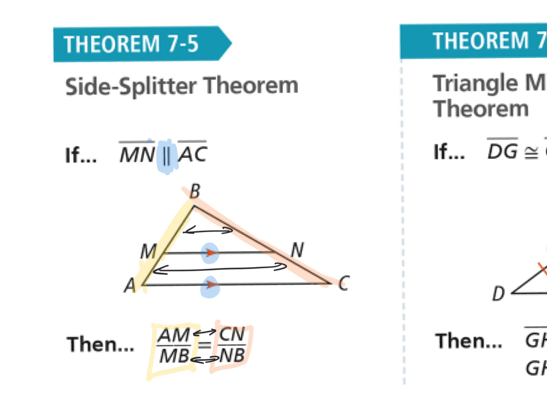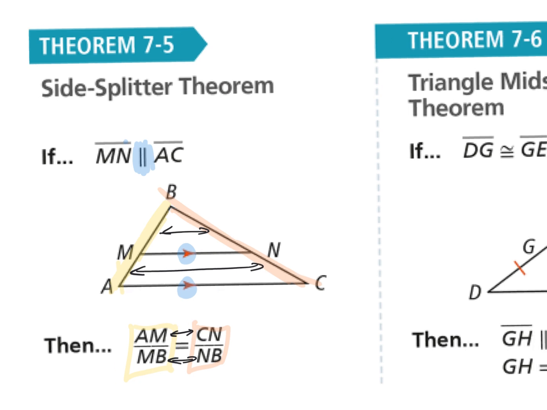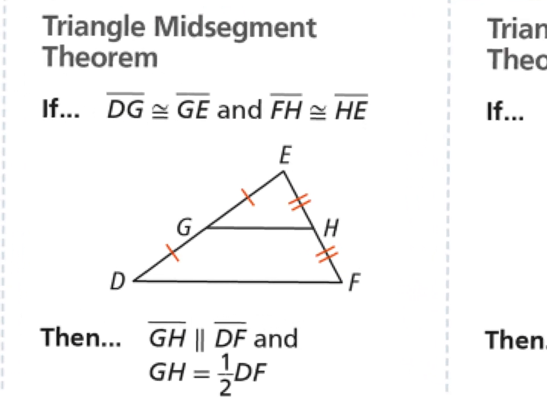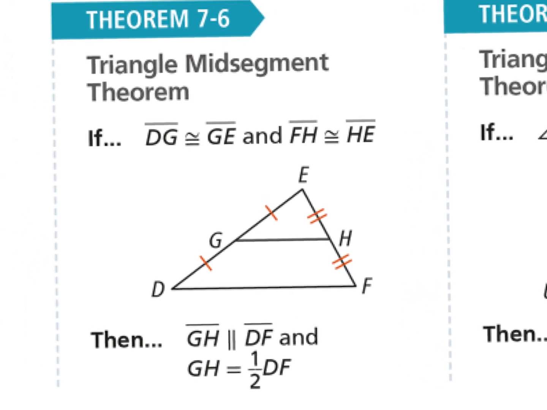And then you just want to make sure that your corresponding parts are both on top, corresponding parts both on bottom. So looking at the second theorem here, we're talking about the triangle midsegment theorem. So this occurs just similar to our trapezoid midsegment theorem when you have a segment that is at the midpoints of your two sides. So there, if you look at points G and H, point G would be the midpoint of side DE.